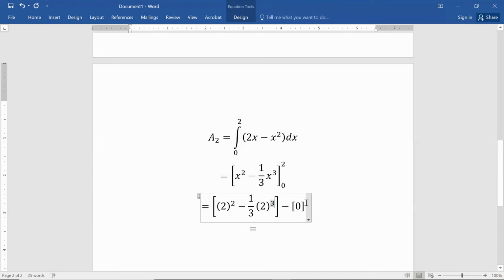I misspoke earlier, it looked like an 8 instead of a 3 because my cursor was in the way. That's a 3. When I plug in 0, I get 0. So 4 minus 1/3 times 8. This also gives me 4/3, interestingly enough.